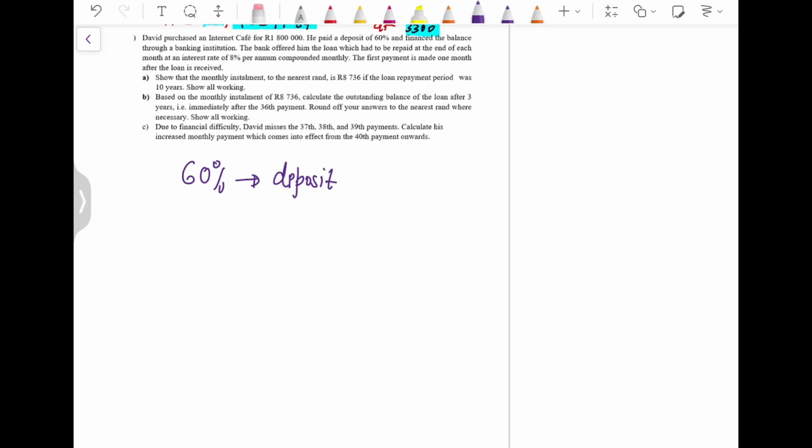So if 60% is paid as a deposit, that means it is only 40% that will be a loan. So the loan amount here will be, if we want to calculate a loan amount, so loan, it is only 40% because 60% is a deposit.